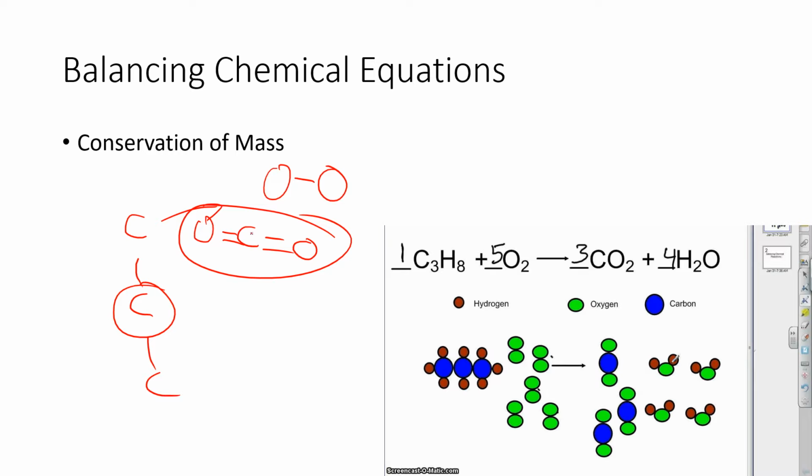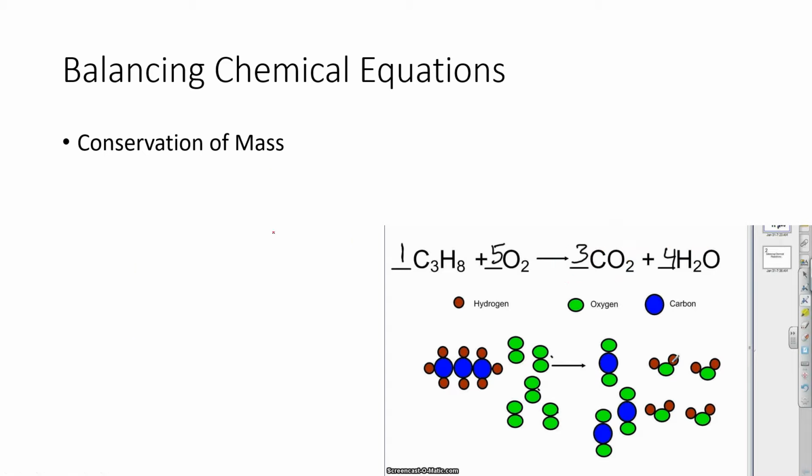Where are the other oxygens going to go? In order for that to happen, we need 5 O2 molecules, for a total of 10 oxygen atoms. Well, we need 6 oxygen atoms to make the carbon dioxide, 3 times 2, 6, and we need 4 oxygen atoms to make the water that we're going to produce, for a total of 6 plus 4 equals 10.